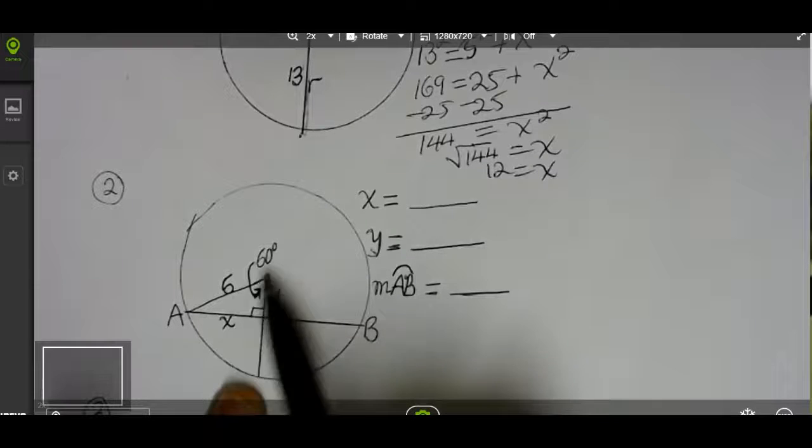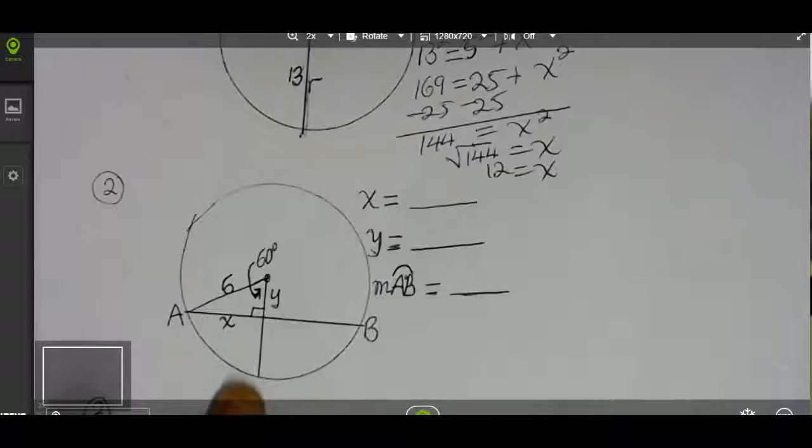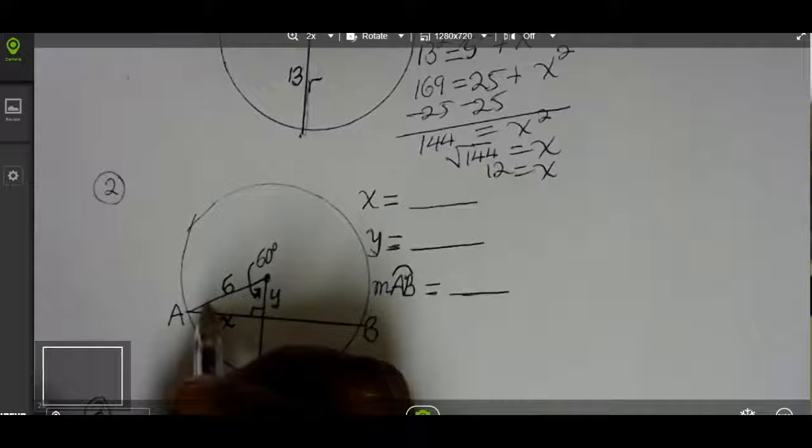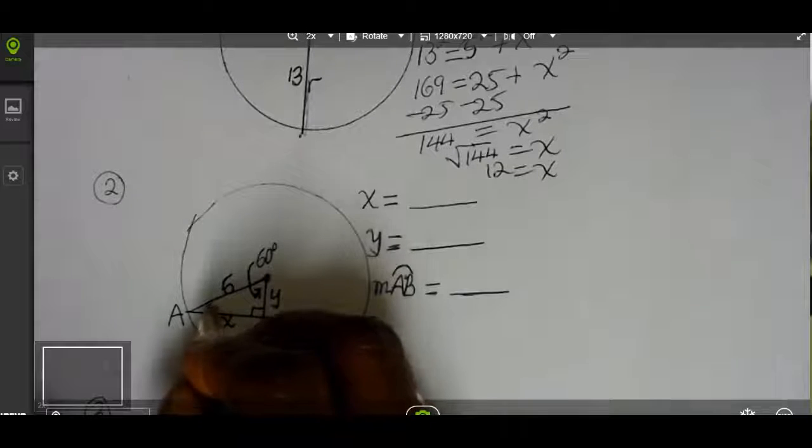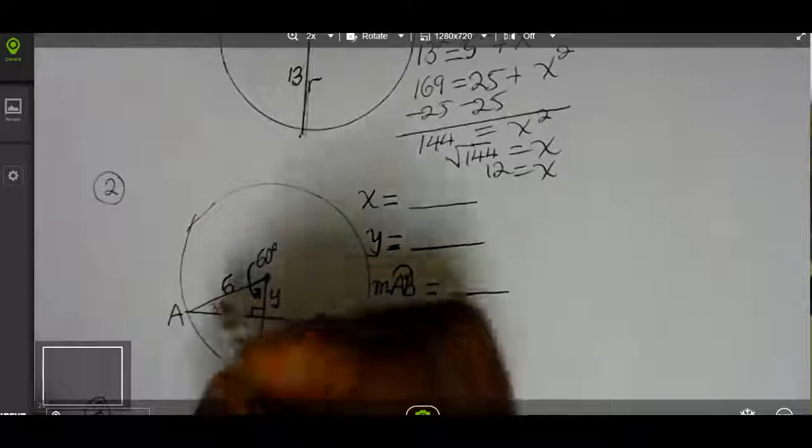So here we have angle 60. Since we have angle 60 here, that means that this angle would be 30. Therefore, this is a special triangle.